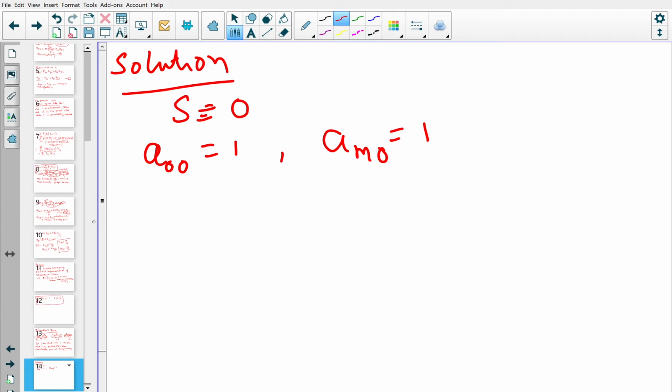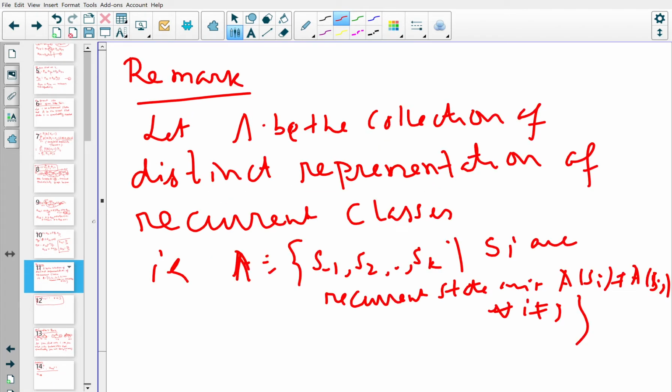This is the assumption already. My interesting part is what happens in between. What about if you start with money i and you end up at s, where s means 0? From this, let me find the equation.